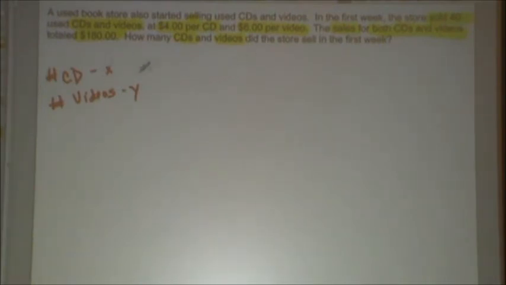So that means the number of CDs plus the number of videos equals 40. I also know that they were $4 for a CD, $6 for a video, and the sales totaled $180. So 4 times X plus 6 times Y equals 180.